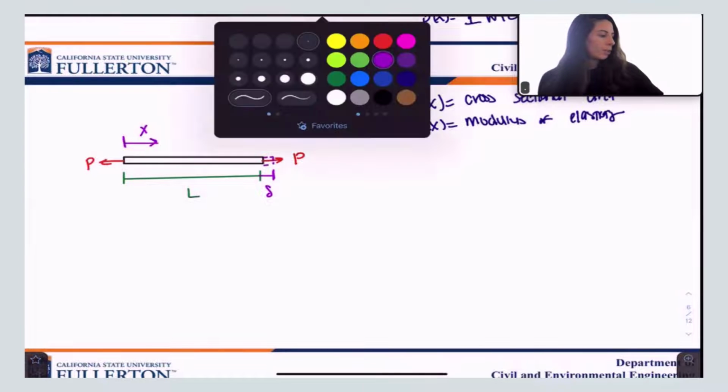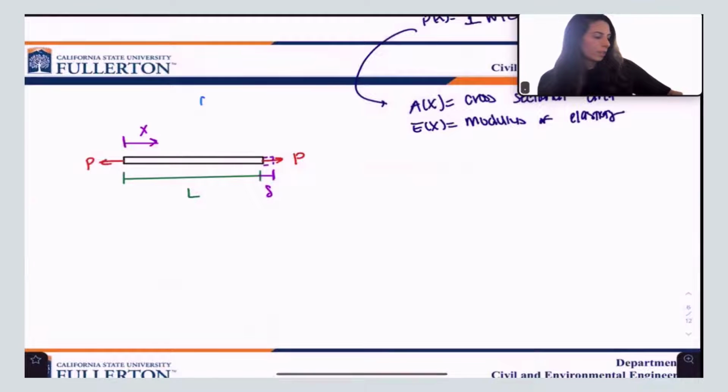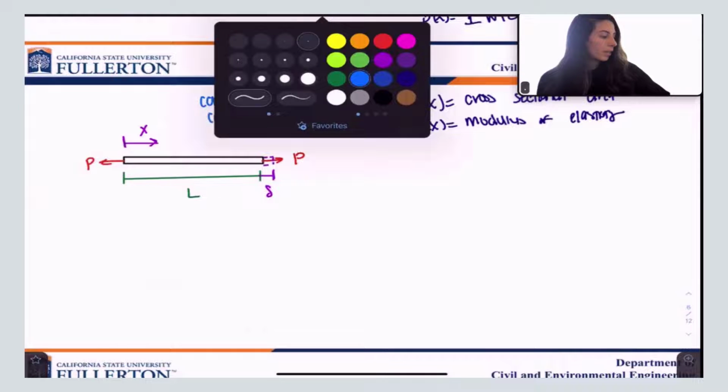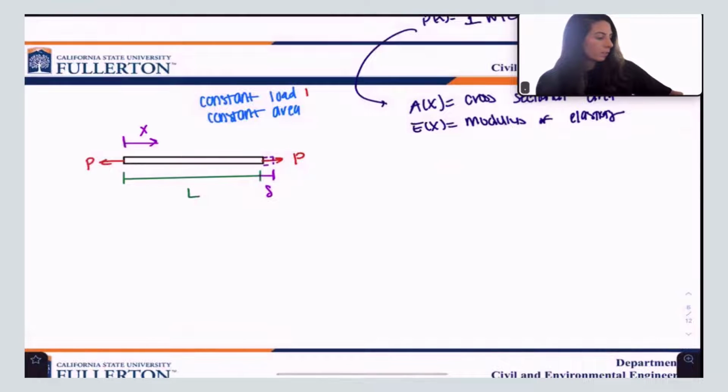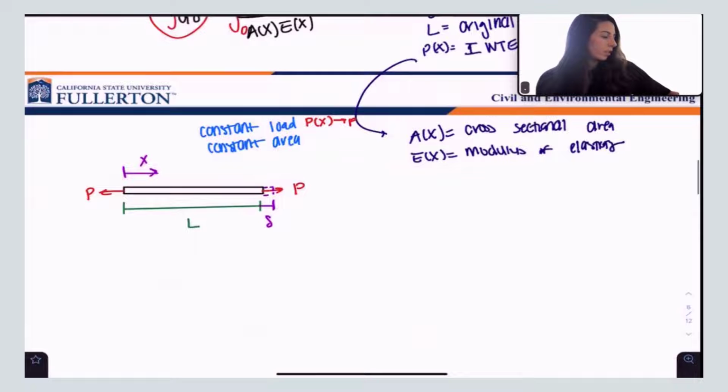Okay. And just to remember, what we're doing here is we're saying this is constant load, and we're saying this is constant cross-sectional area. So what happens here, if it's constant load, our P of x becomes just P. And if it's constant area, our A of x becomes just A, right?